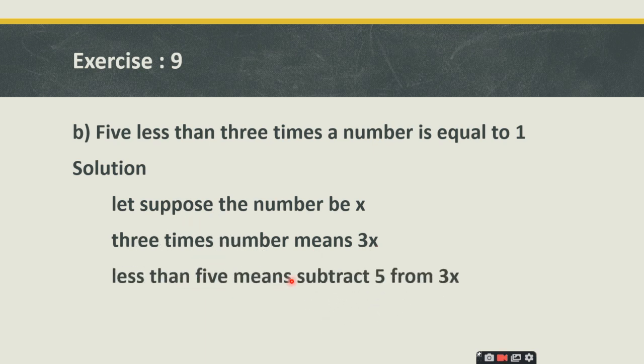And 5 less than means subtract 5 from 3x. So the equation would be 3x minus 5 is equal to 1.